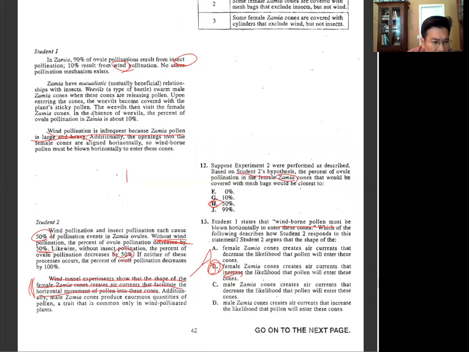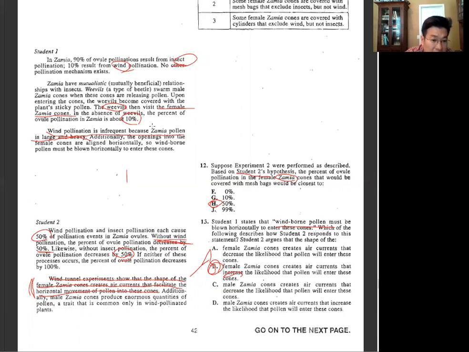It says the female Zamia cones. That's what we will visit, and then the absence reveals percent ovule pollination is only 10%.